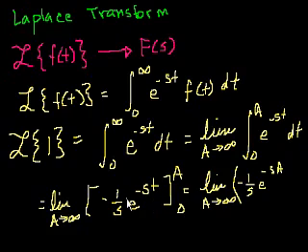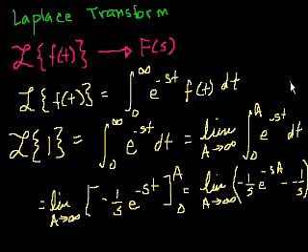That's what happens when I put a in here. Minus. Now what happens when I put t equals 0 in here? When t equals 0, it becomes e to the minus s times 0. This whole thing becomes 1. And I'm just left with minus 1 over s. So I had minus 1 over s.